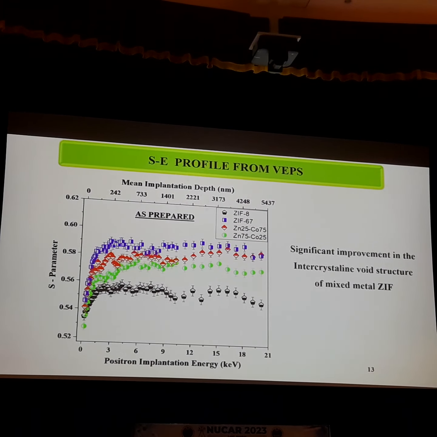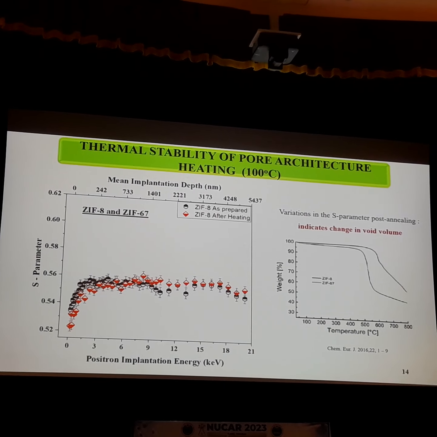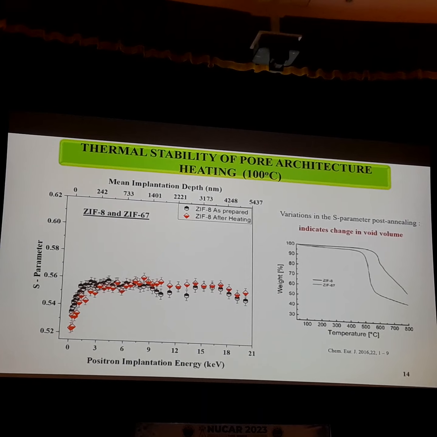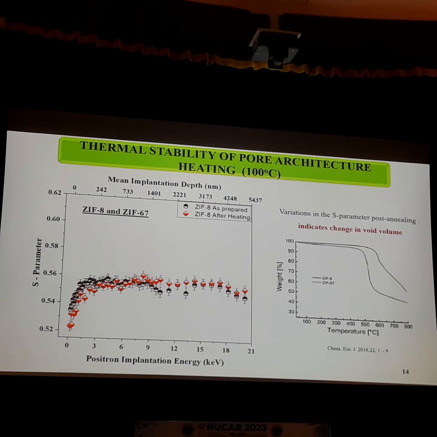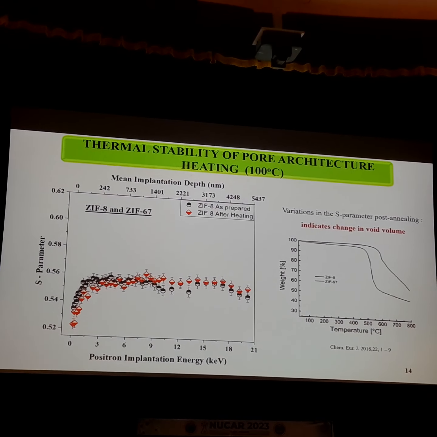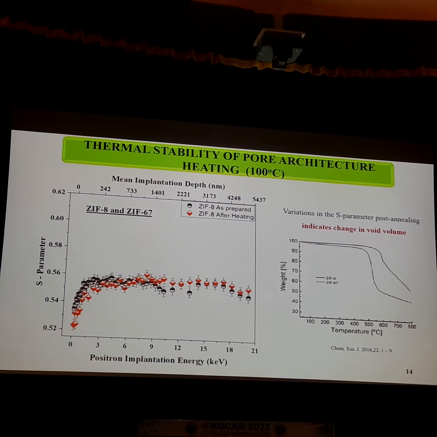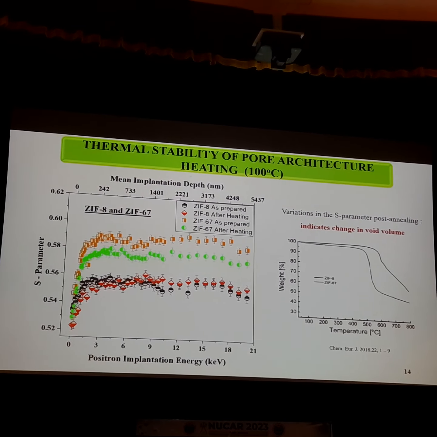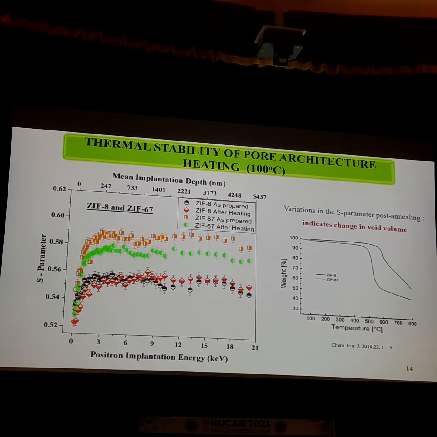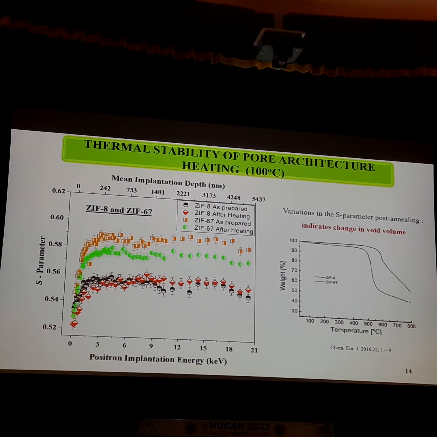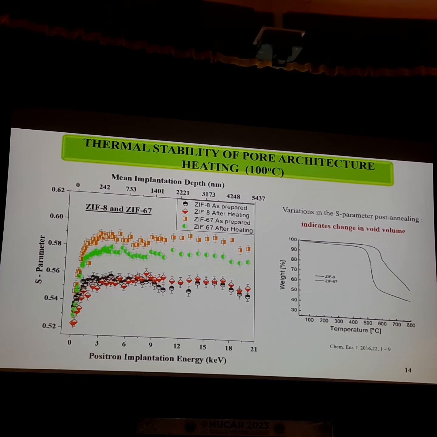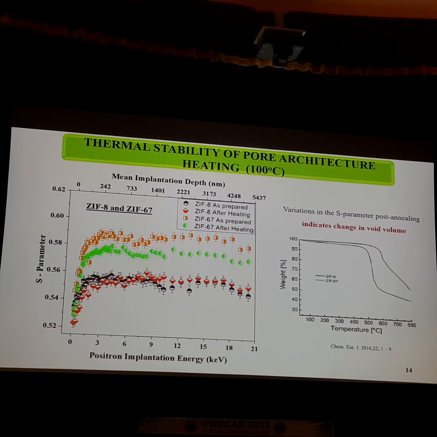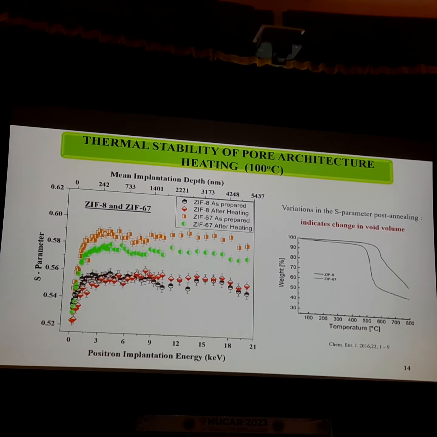And finally, I checked the temperature stability of this pore architecture. I heated the sample at 100 degrees Celsius in an open air atmosphere for 30 minutes. For ZIF-8, there is no change in the S parameter, but in the case of ZIF-67, the S parameter decreased after the heating, which is a very interesting observation, because simple heating itself is improving the intercrystalline voids here.